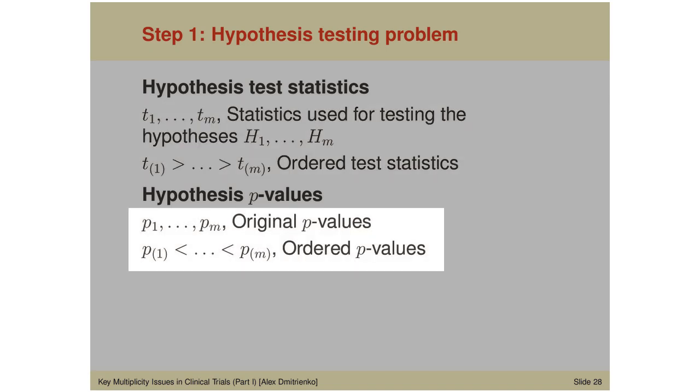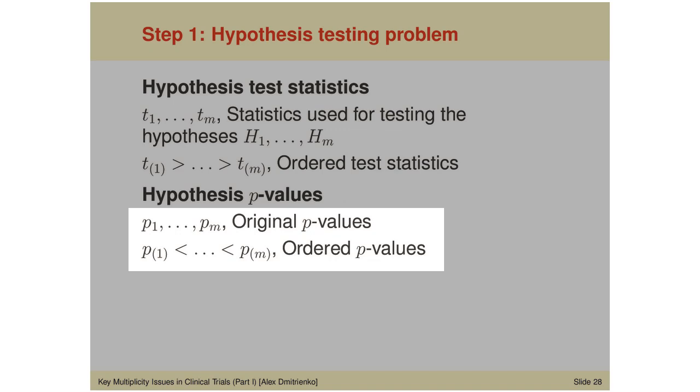And similarly, we can define p-values computed from the null distributions of these test statistics. When stepwise procedures will be introduced, we will differentiate between the original p-values as well as ordered p-values. The ordered p-values will be arranged from the smallest one to the largest one, as you see at the bottom of the slide.